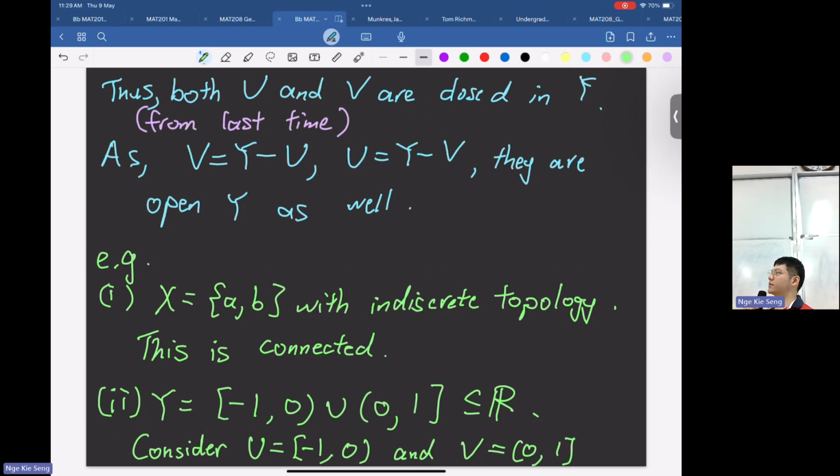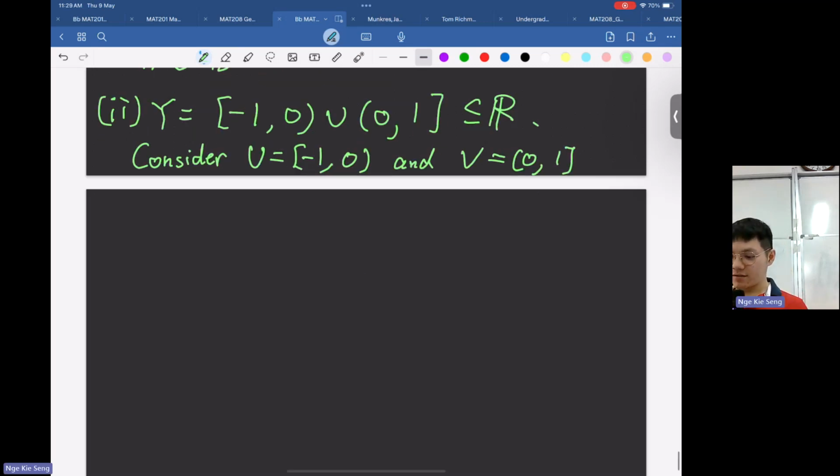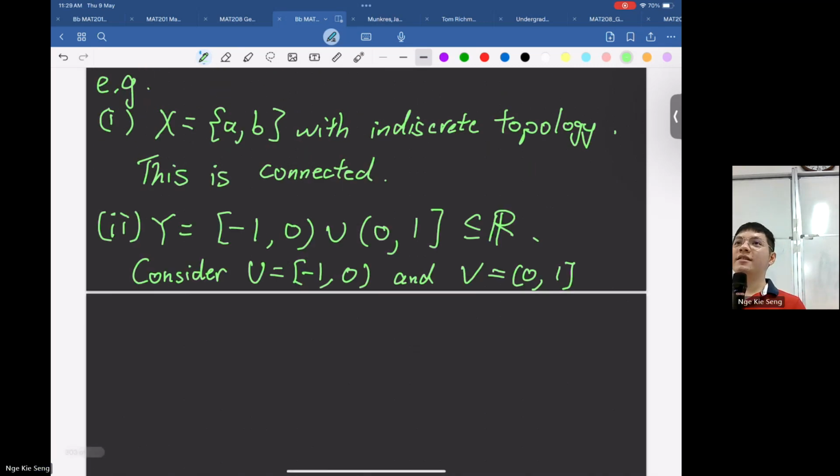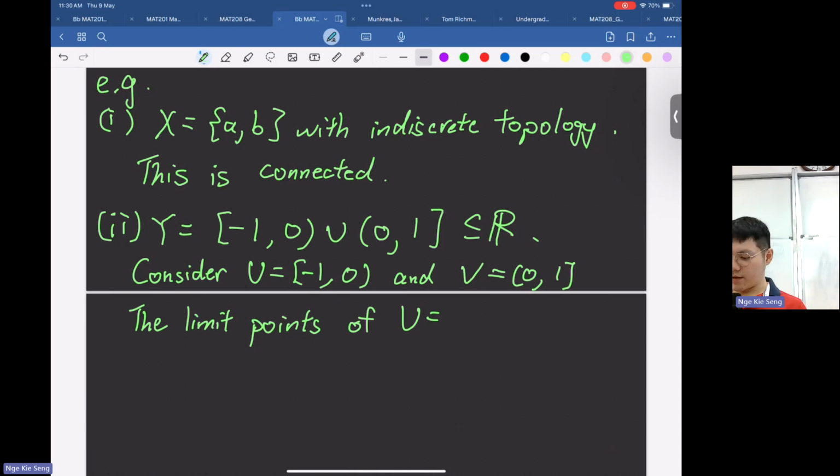Okay, and what did you observe here? These two open sets don't contain limit points of each other. What are the limit points of the half-open interval -1 to 0? Not just 0, eh? Yeah, so the limit points of U should be everything from -1 to 0.